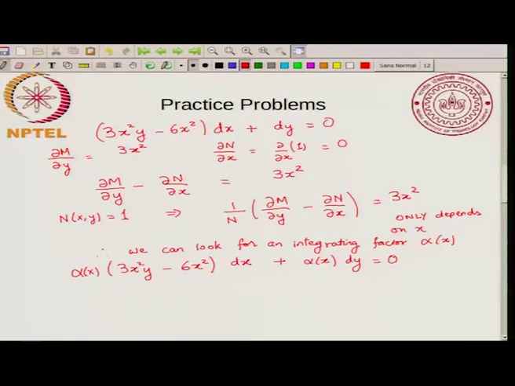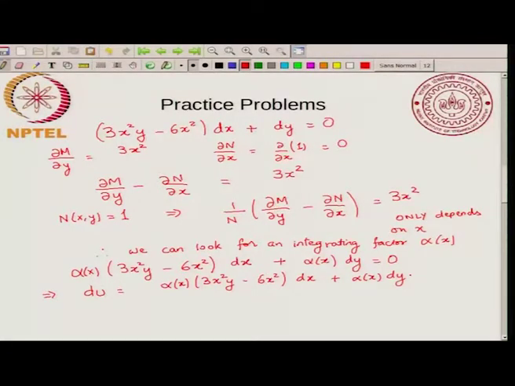And now we know that this equation is exact. This equation is exact, that implies that this whole left hand side is some function u. Okay. So, du equal to alpha of x times (3x square y minus 6x square) dx plus alpha of x dy.